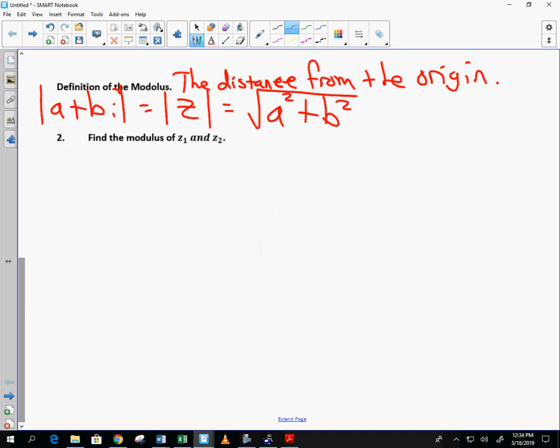So the example says find the modulus. The modulus is the absolute value. I don't know where modulus comes from. I'll have to look up where that word originates. But modulus of z sub 1, well, if z sub 1 is equal to 2 plus 4i, then the absolute value of z sub 1 is equal to, how do I compute that?